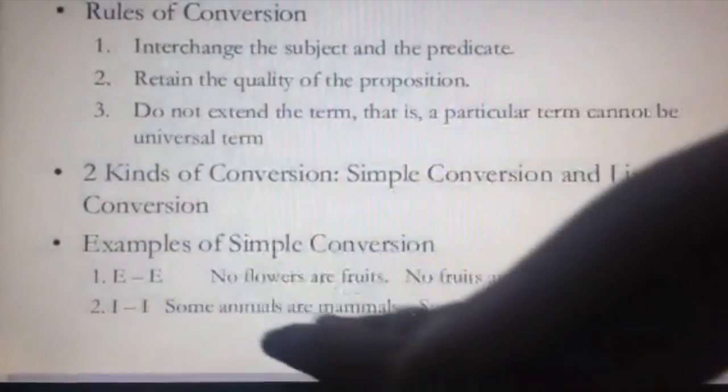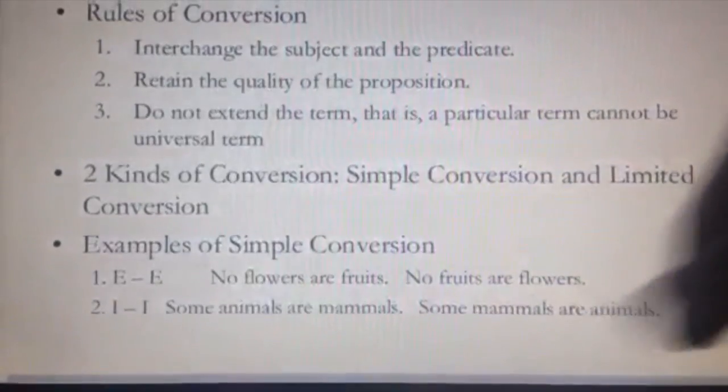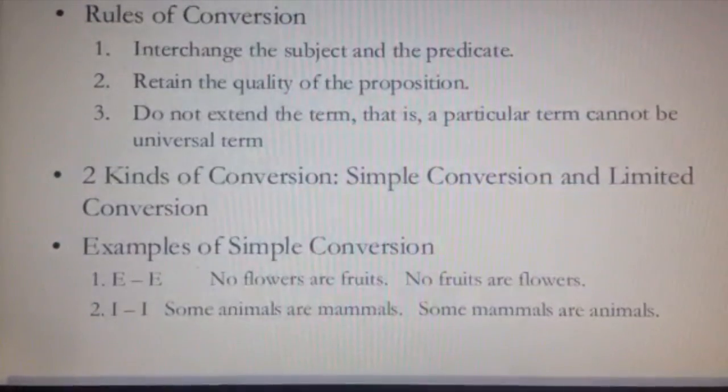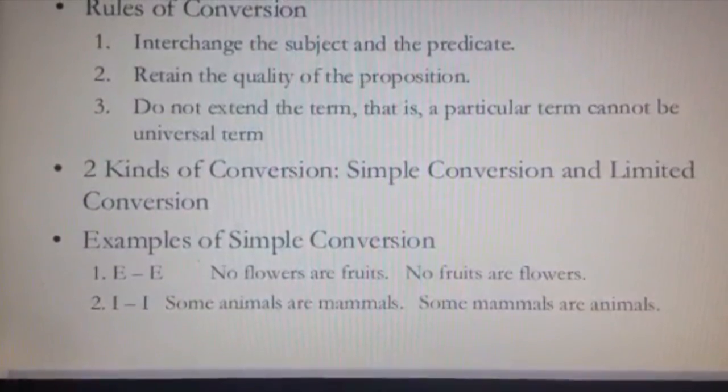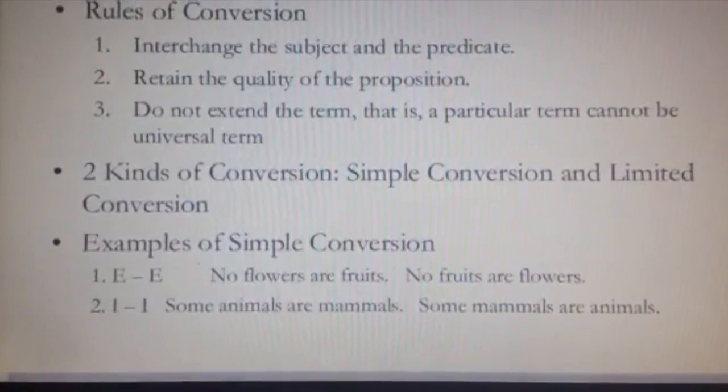There are two kinds of conversion. Number one is simple conversion, and number two is limited conversion. So these are the examples of simple conversion. Number one, no flowers are fruits. No fruits are flowers. Number two, some animals are mammals. Some mammals are animals.